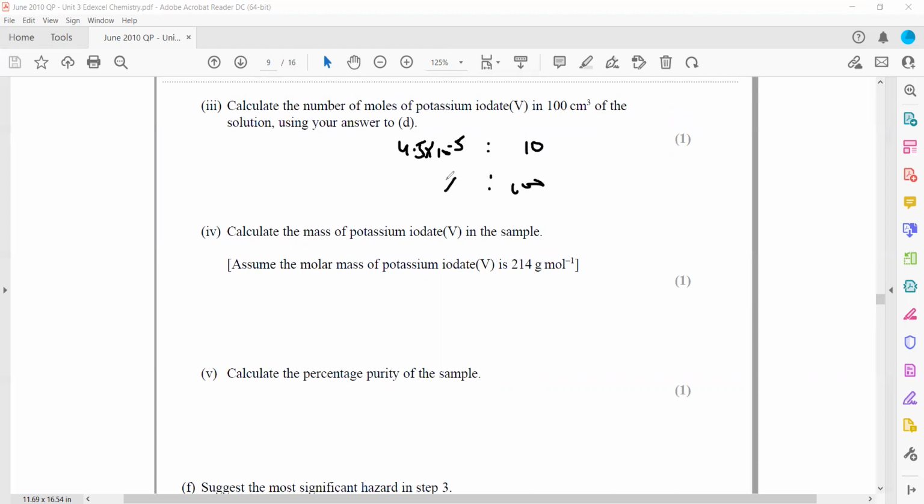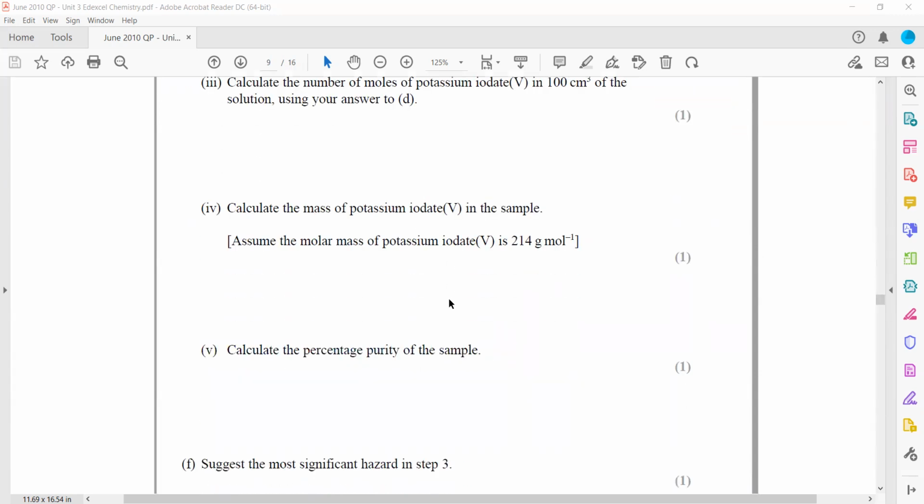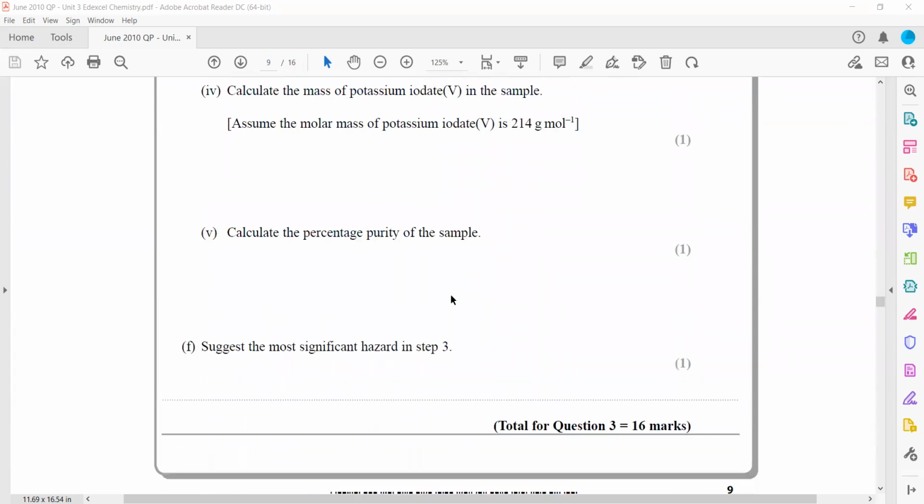In 100 cm cube it will be x, cross multiply, so it will be 4.5 into 10 to the power minus 4. Calculate the mass. So how to get the mass? Moles multiplied by molar mass will give the mass. And then calculate the percentage purity. How to get the percentage purity? The mass of the sample which we get, divided by the original mass, times 100.